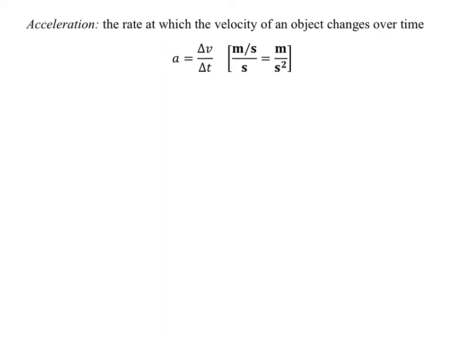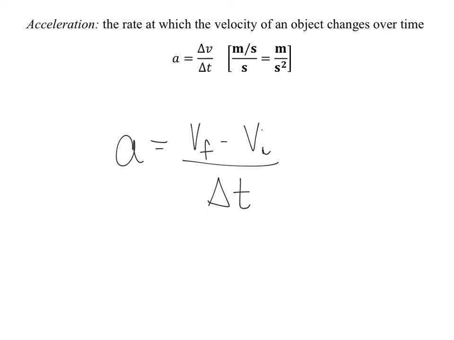So again, this is your unit for velocity. But since acceleration is change in velocity over time, we take meters per second and get meters per second squared. What does the delta mean for this? Well, delta really just means VF minus VI. That's what this formula is telling us to do.